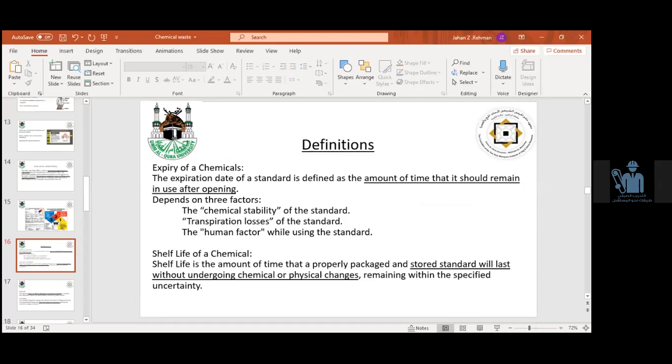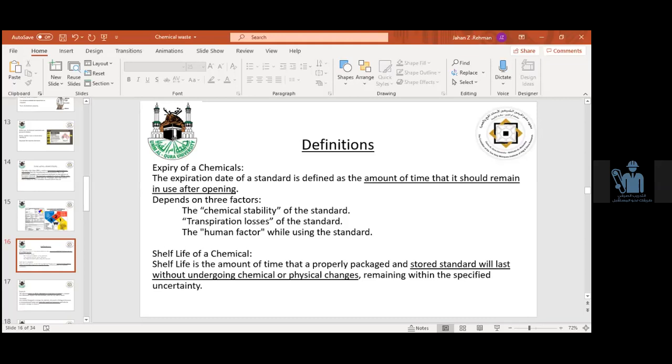So that is why we have to be specific with the expiry date of the chemicals, that we have to use the chemicals before its expiry date, because after expiry date, maybe these chemicals will not give you the promising results. Expiry of the chemicals depends on 3 things: chemical stability, transpiration loss, and human factor. Human factor may disturb the expiry anytime.